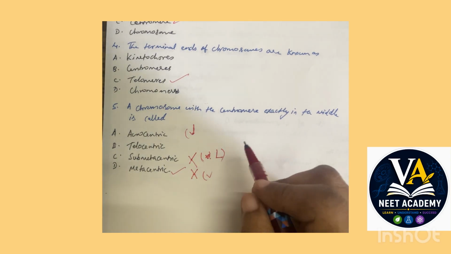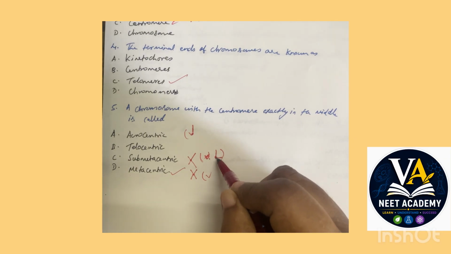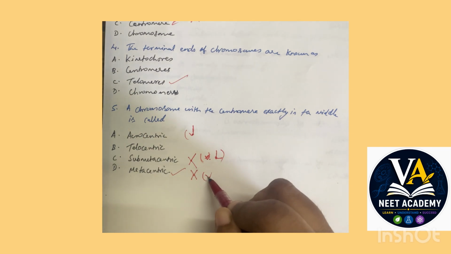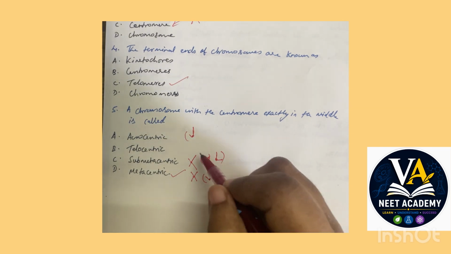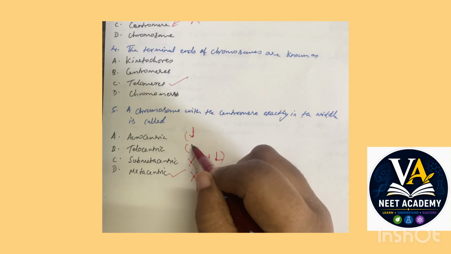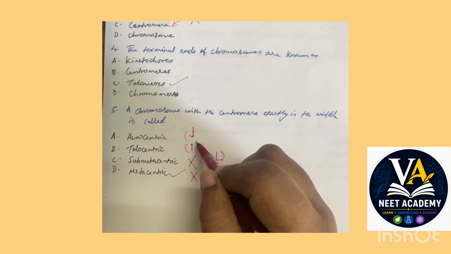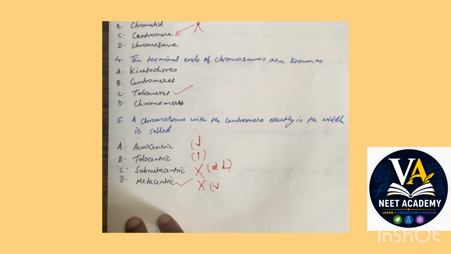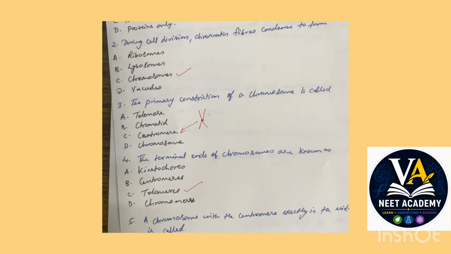Submetacentric is slightly off center, so it is L shaped, and metacentric is exactly the same length. Telocentric is I shaped, where the centromere is exactly at one end. It is not present in any of the arms of your chromatids. Okay students, hope it's clear.